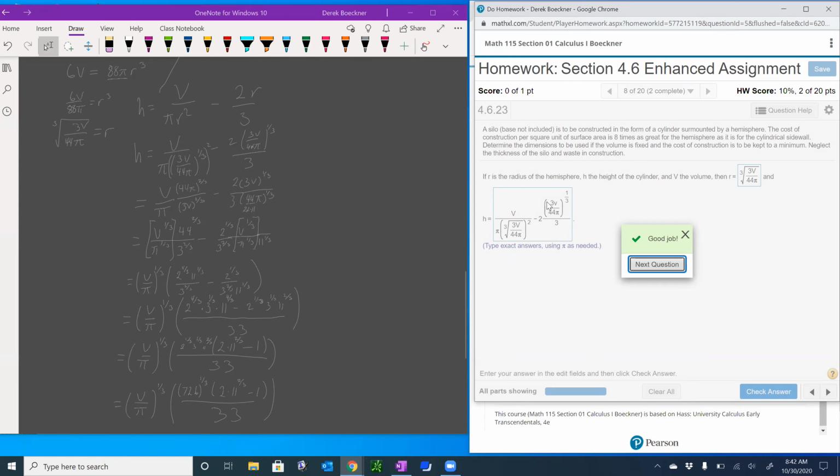Questions about that? I didn't even put in the right capital V on the second part there, so it must not be all that picky.